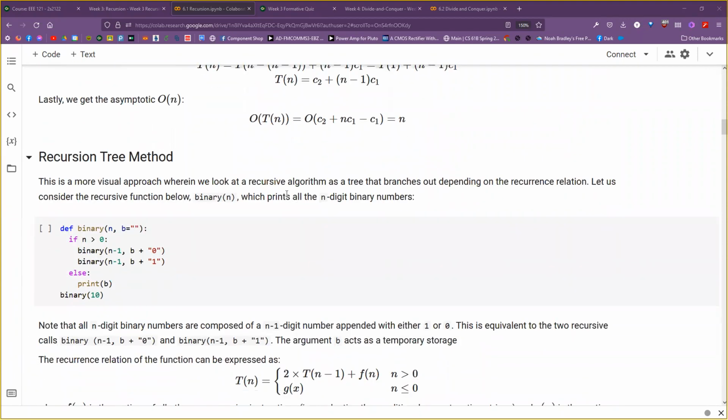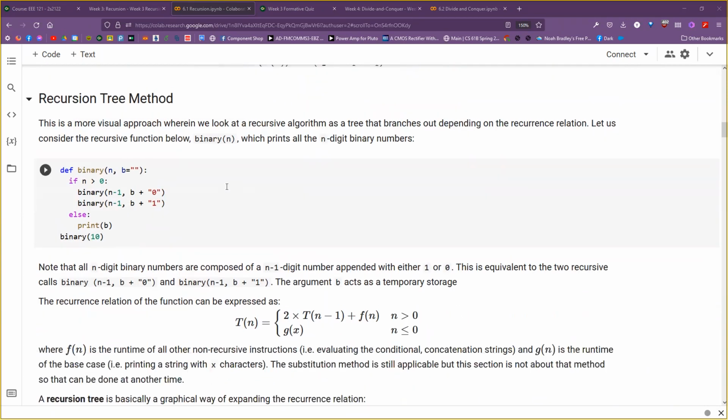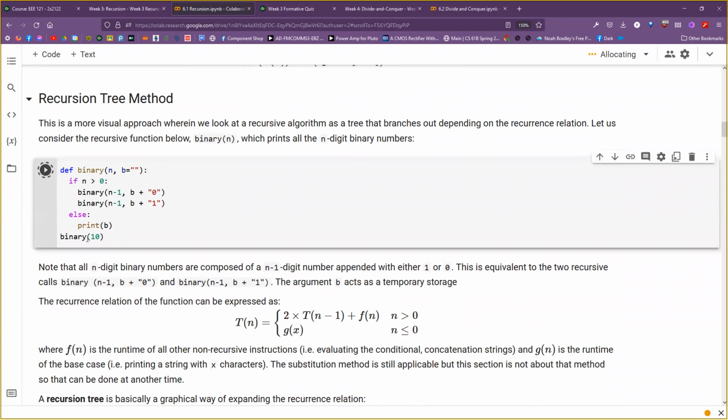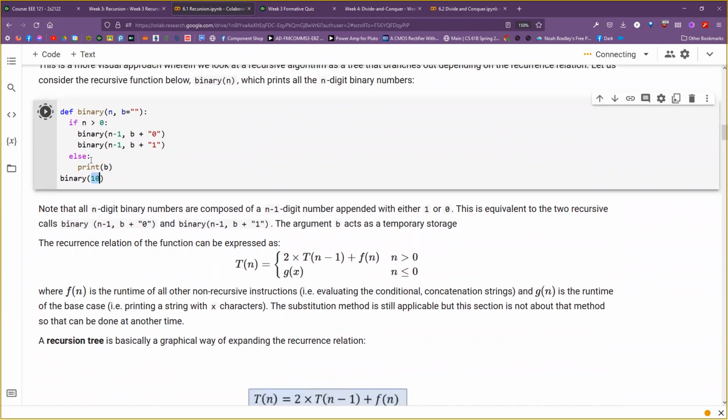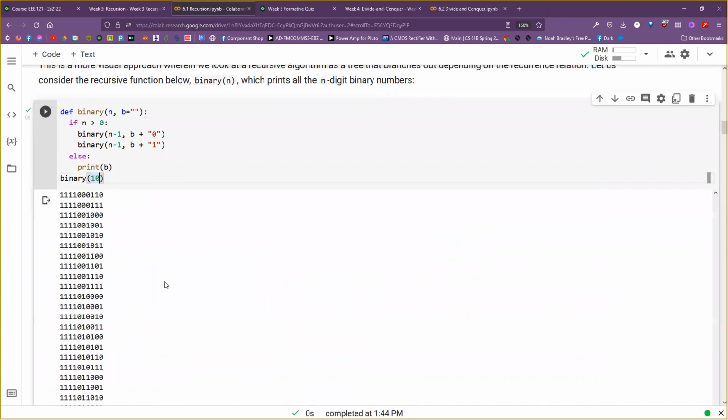But what if we have a more complex recursive function? For example, we have a function here called binary, which prints all the n-digit binary numbers. So this is binary 10. We expect that it prints all the 10-digit binary numbers. Actually, there are a lot of them. Go back, go back. Just a few. Yes, there are so many.